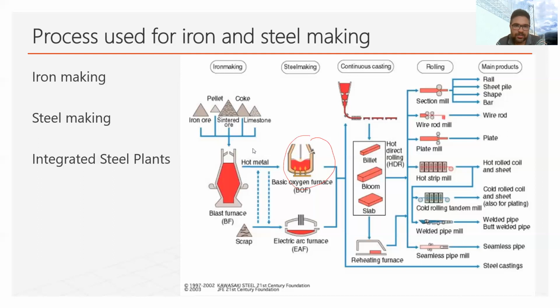So there you can see the material is being charged within the blast furnace, and at the temperature of 1600 degrees Celsius, the metal is melted. Then the melted metal is basically transferred to this BOS furnace, and there you can see that oxygen is blown into the melted iron.